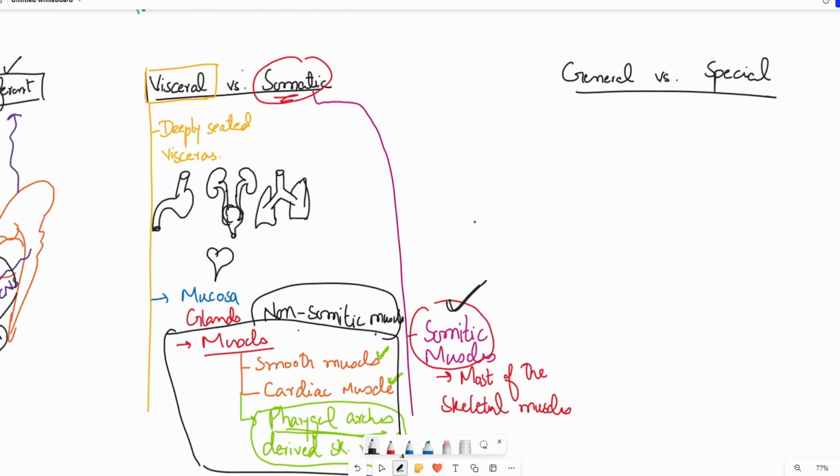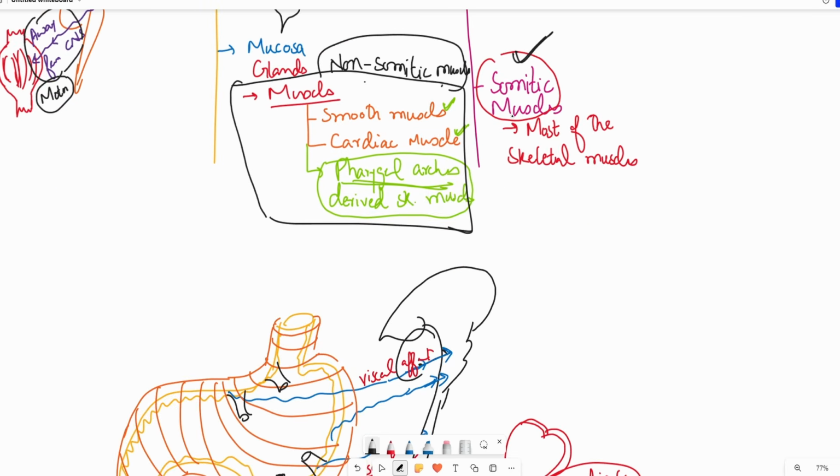Now finally, and before that, I will also mention here that this visceral nerve fiber is involved in sensing the internal chemical environment, the internal chemical milieu, as they technically write it, of the viscera of our body.